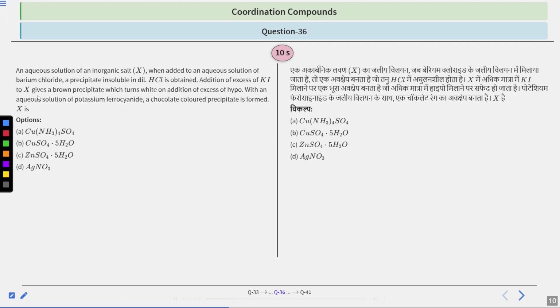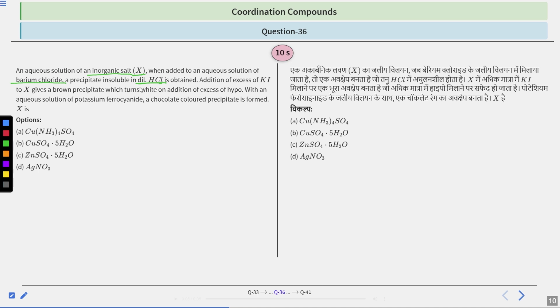Question number 36. An aqueous solution of an inorganic salt X, when added to an aqueous solution of barium chloride, a precipitate insoluble in dilute HCl is obtained. So we are talking about a reaction going on here between the inorganic salt X and the barium chloride.